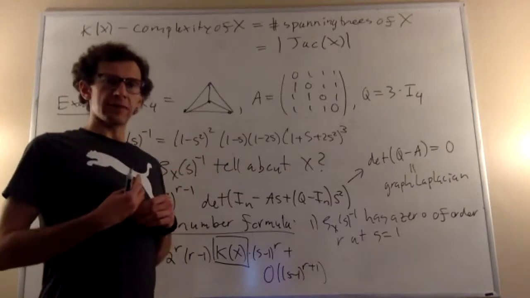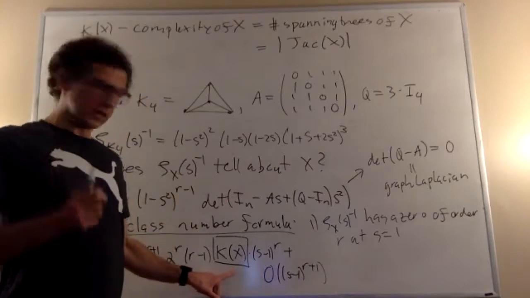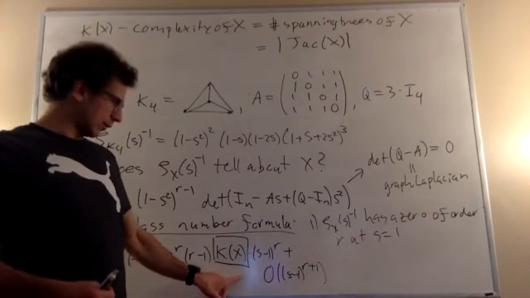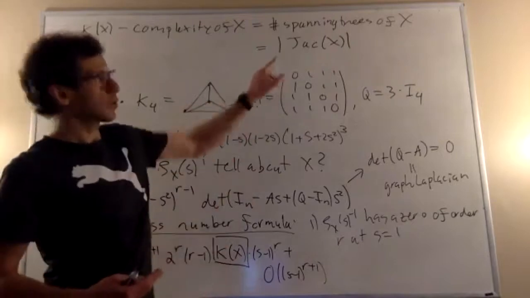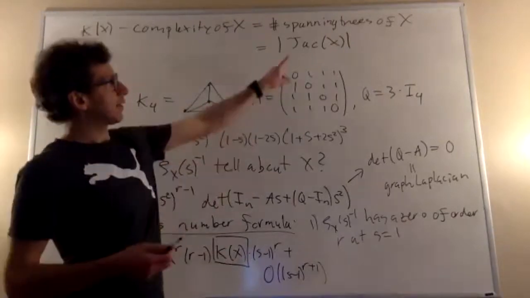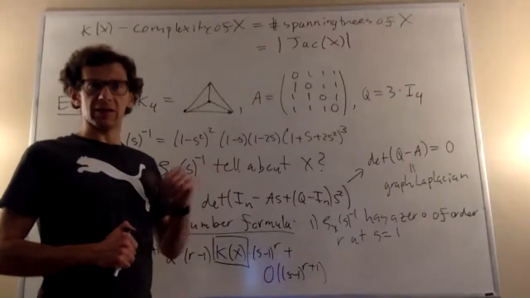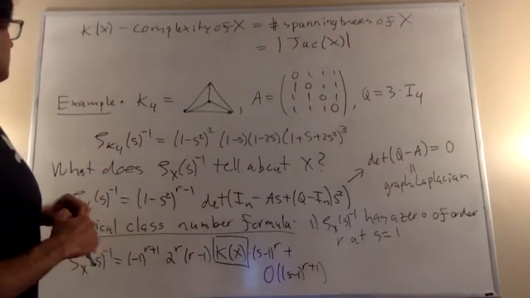The Dedekind zeta function of a number field records the class number of that number field in its expansion at s equals 1. And so the analogous theorem for graphs is that the zeta function of a graph records the order of the discrete Jacobian, and the discrete Jacobian is the graph-theoretic analog of the class group of a number field. Okay, so that's slightly advanced material.